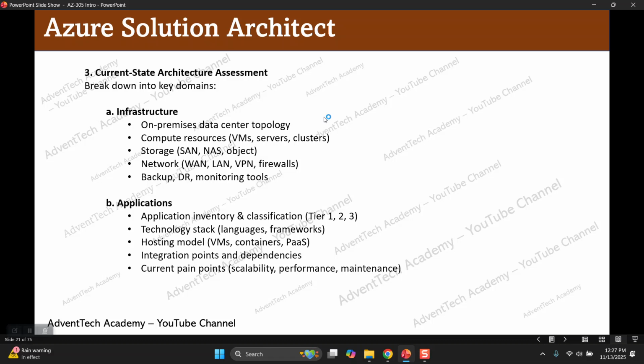Step number 3 is current state architecture assessment. So we have to assess the current infrastructures. We have to assess current application architecture.